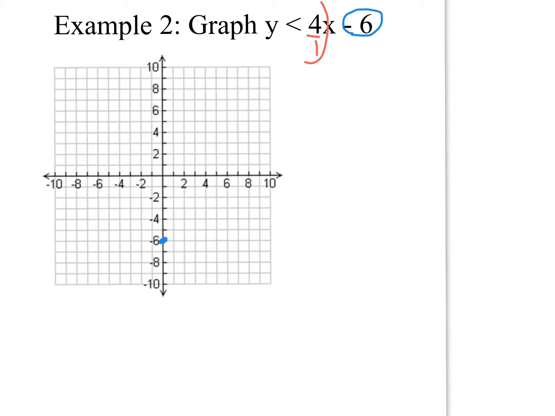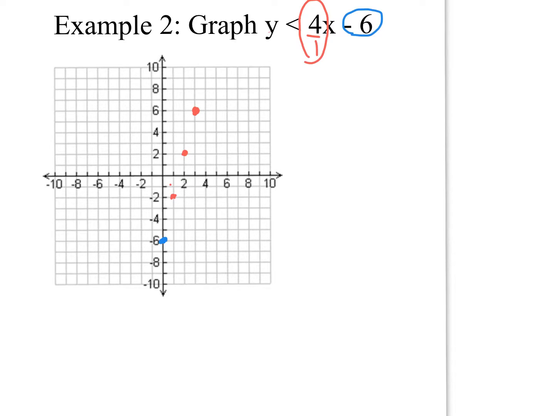So this tells me my line goes up 4 over 1. Up 1, 2, 3, 4, over 1, and make a series of points. So we have our series of points on our line.